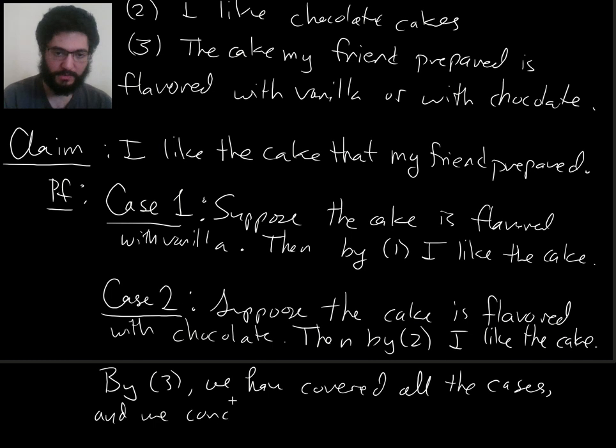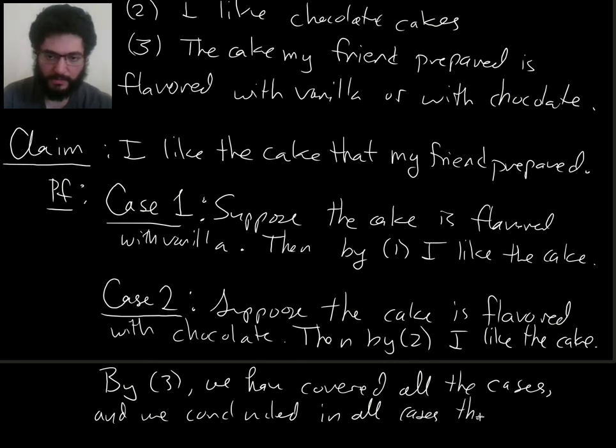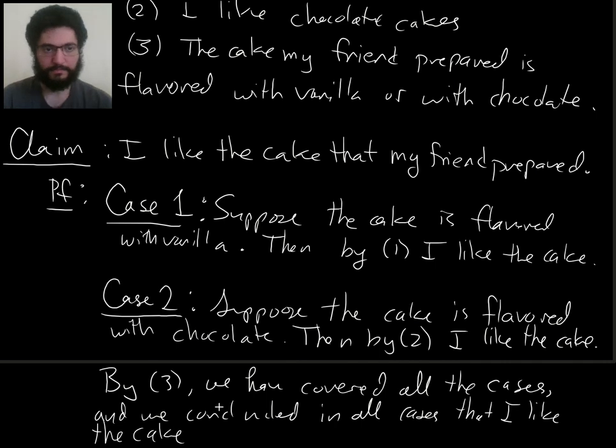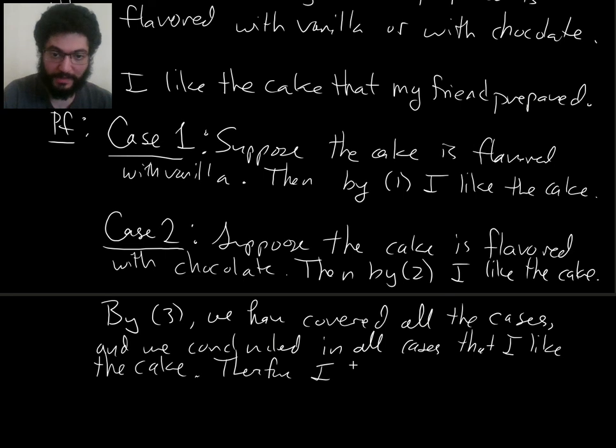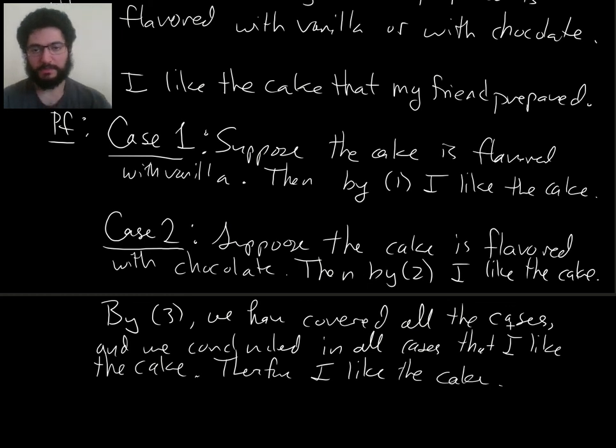And we concluded in all cases that I like the cake. Therefore, I like the cake. So I can just draw that conclusion overall now. So that's proof by cases.